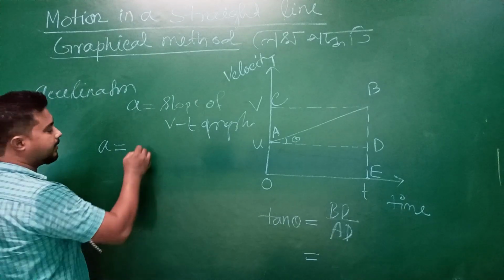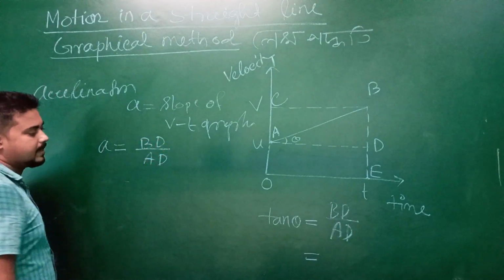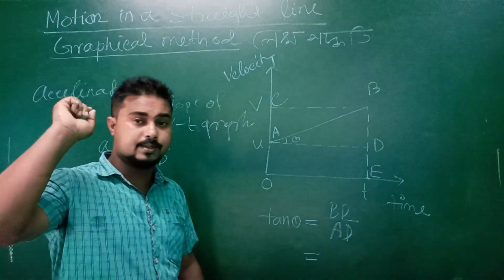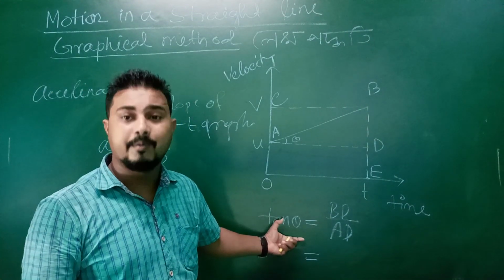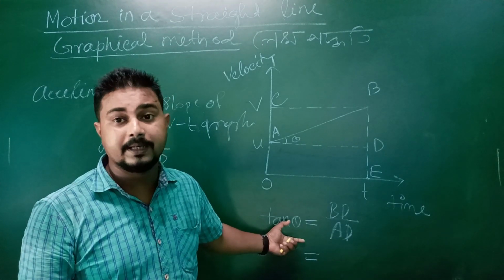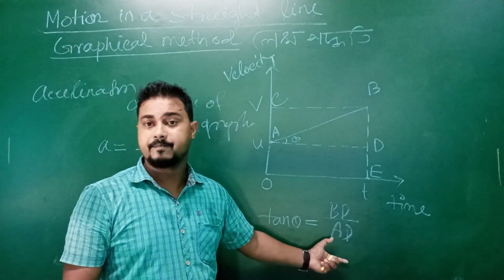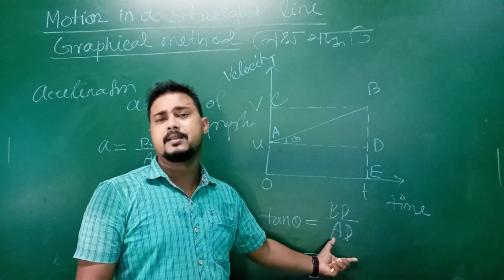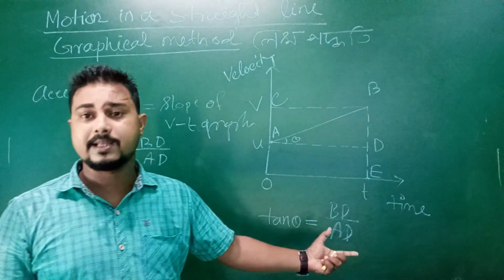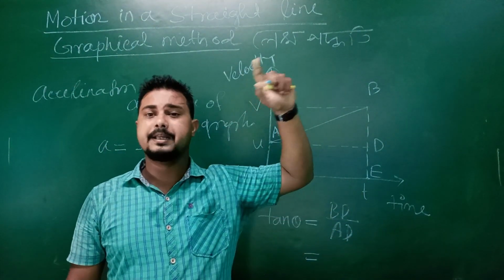So a is equal to BD by AD. If we take the tan of that angle, we get BD by AD, which means velocity by time. That must be equal to acceleration. So the expression for a is BD by AD.